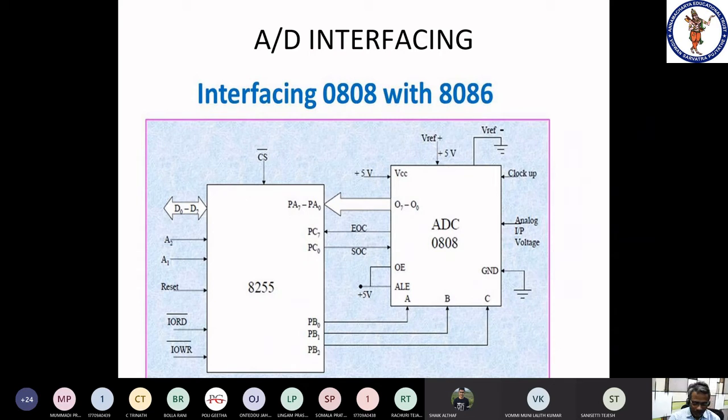The second one is the indirect type. In an indirect type analog to digital converter, the input sample is not directly compared with the internally generated reference signal.